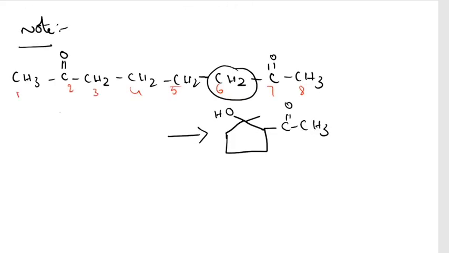In the case of these 2,7 diketones, a different type of product you can expect here, because the carbanion is formed this time from the inner alpha carbon.